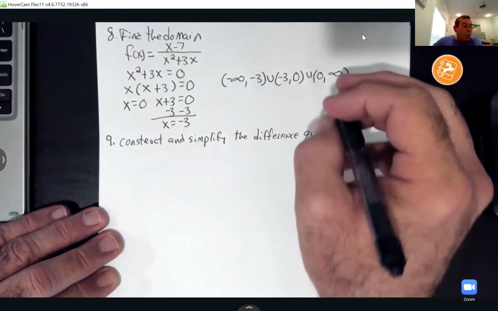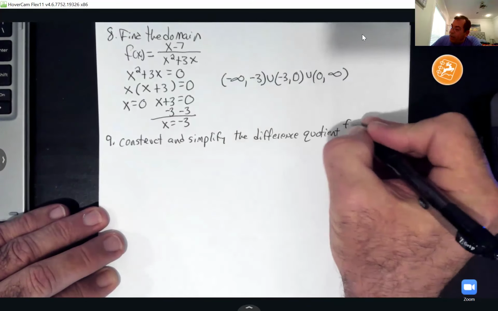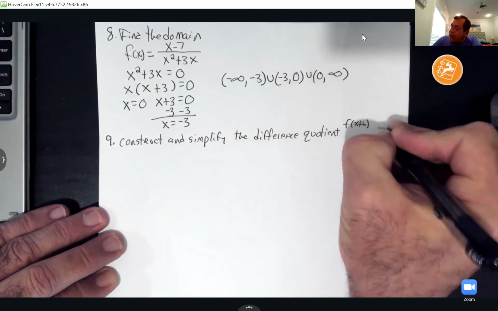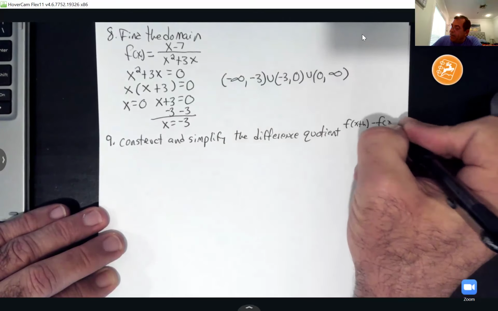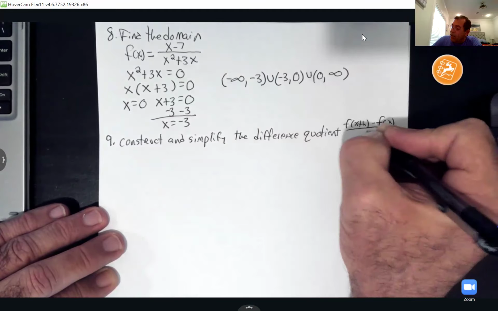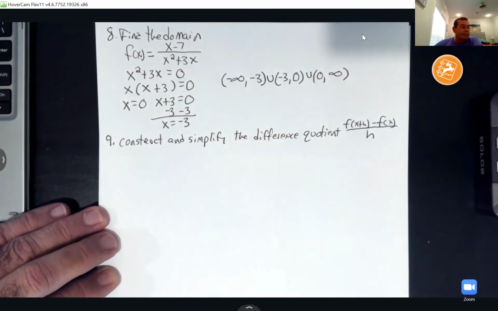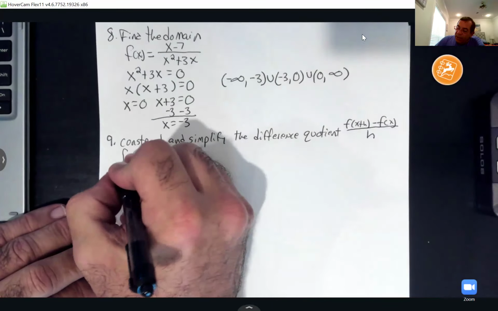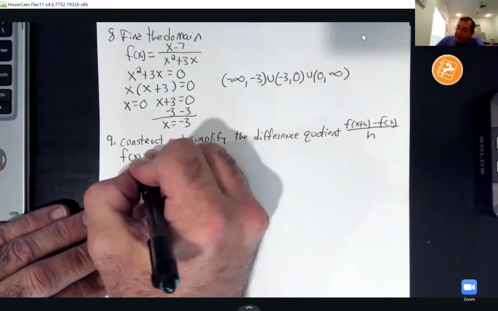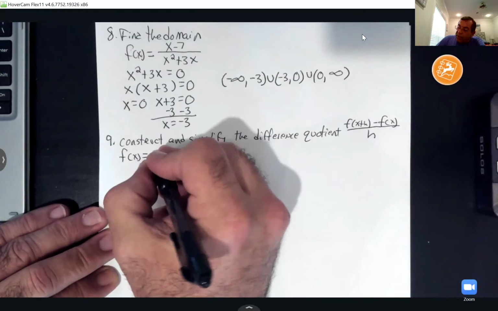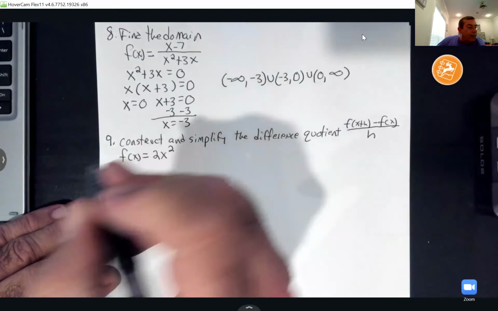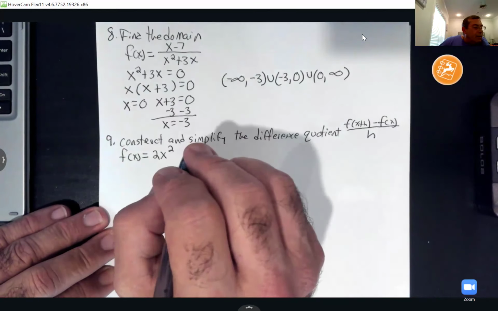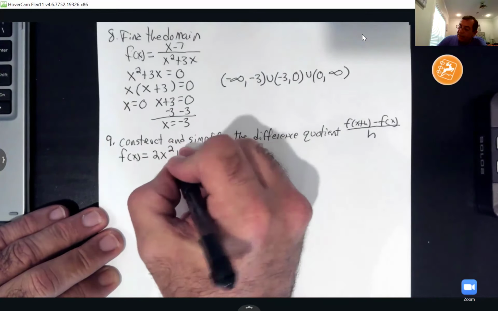Now remember, the difference quotient, they'll give you the formula, f of x plus h minus f of x all over h. And y'all, the function they're giving us, f of x equals 2x squared plus 6x.